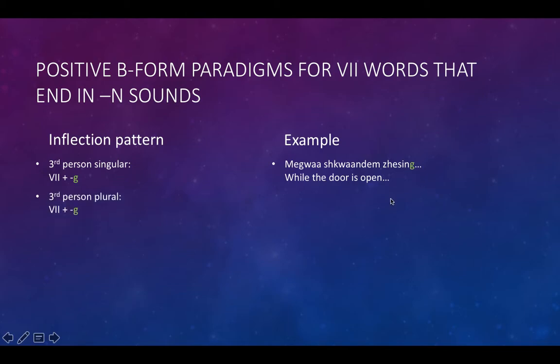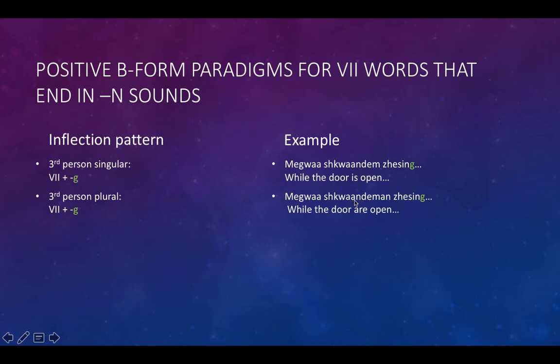Moving on, we have third person plural. Again, VI plus a G suffix. We're not adding too much to this. We're going to try and use the same words. So we have Megwa shkwandam jesing, which means while the doors are open. Megwa means while.